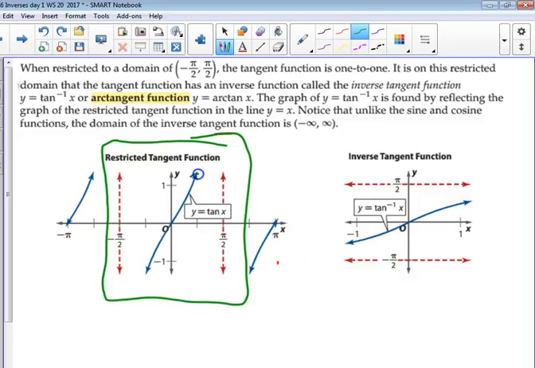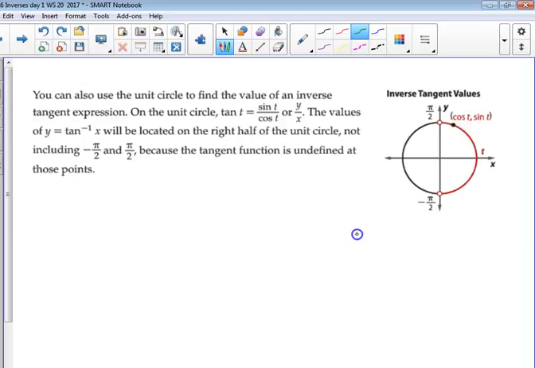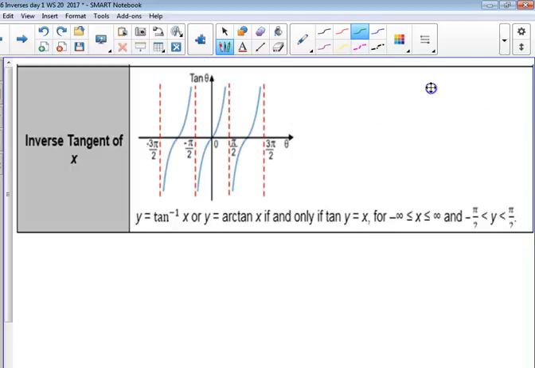Did it have a range restriction here? Did it have an up and down restriction? So it's not going to have over here a left right or a domain restriction, okay? So here, quickly, it's going to look like this.